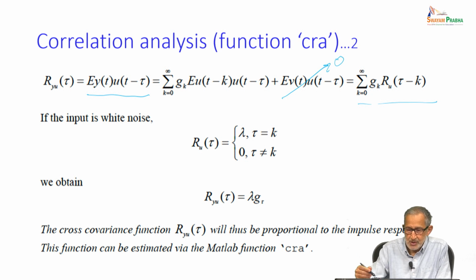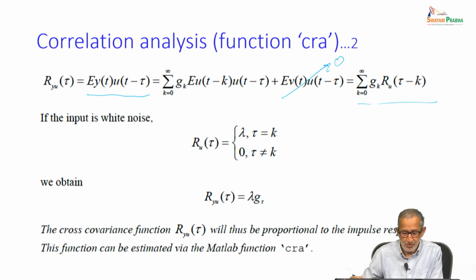So therefore, when you apply this white noise input, this term becomes simply lambda times g(tau) at the time lag of tau. So the cross covariance function between the output and the input will therefore be proportional to the impulse response coefficient.